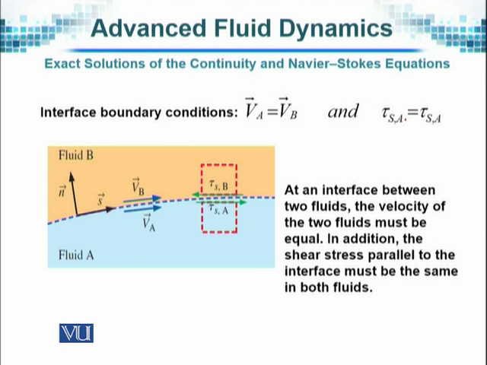Again, at the interface of the boundaries, if there are two types of fluids meeting, for example, this is fluid A, this is fluid B. This can be water and this can be air, or two different kinds of liquids, whatever. The boundary conditions remain the same.